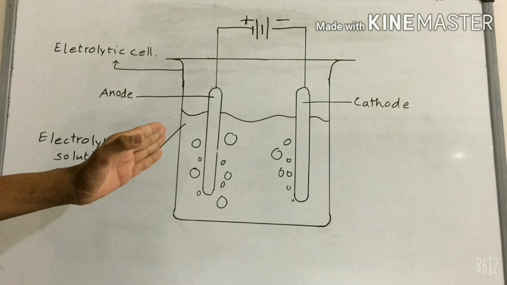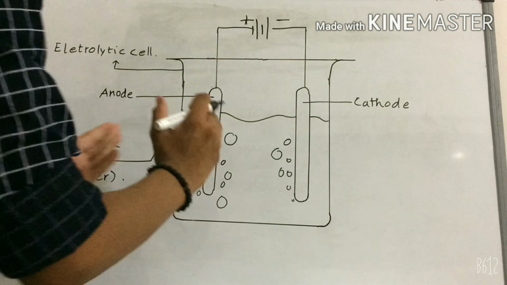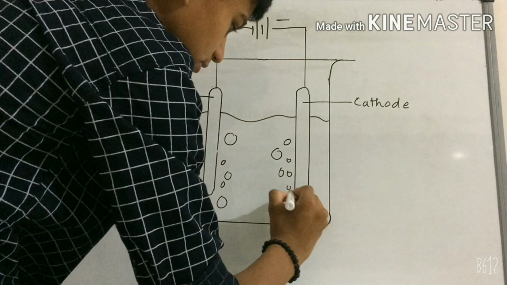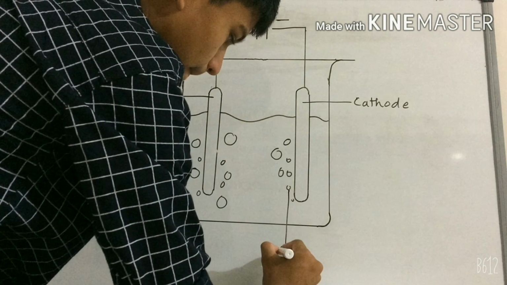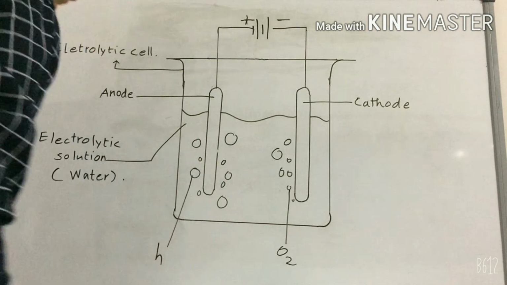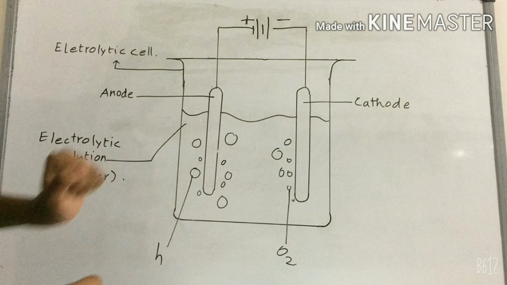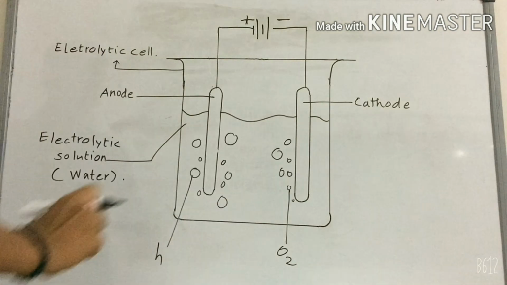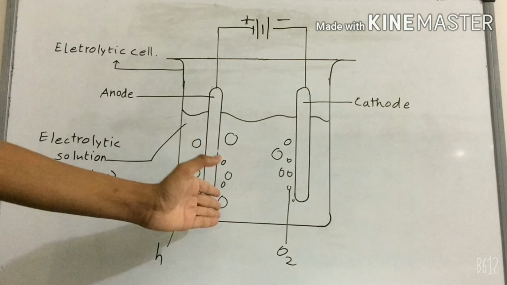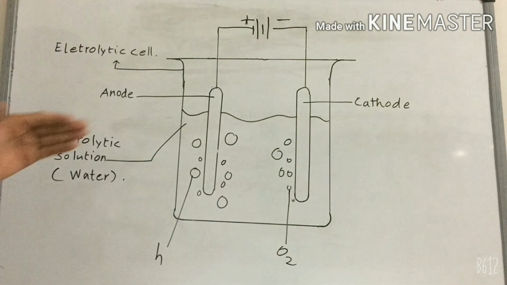There are more bubbles at the anode. You know why? Because oxygen has broken down. Now this is oxygen and this is hydrogen. Now here we have two molecules of hydrogen. So their ions have broken down and we have hydrogen here and we have oxygen there.